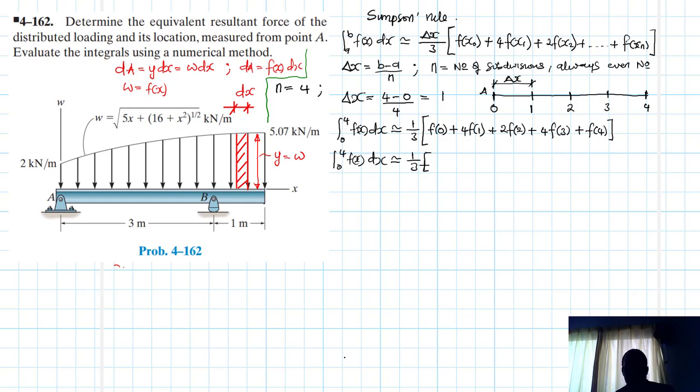Get your calculators. The function is w, so what we are doing is f of 0 is equal to 5 times 0 plus 16 plus 0 squared, to the power half.